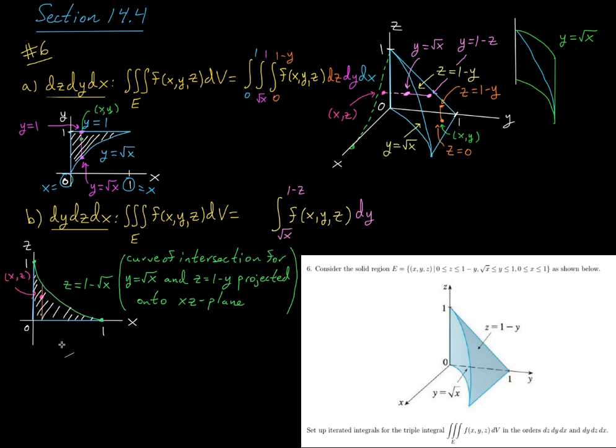So for a fixed x, we're going to let z vary from 0 up to this green profile curve when z is 1 minus the square root of x. So for my dz, I'm looking at these bounds, 0 up to 1 minus the square root of x.